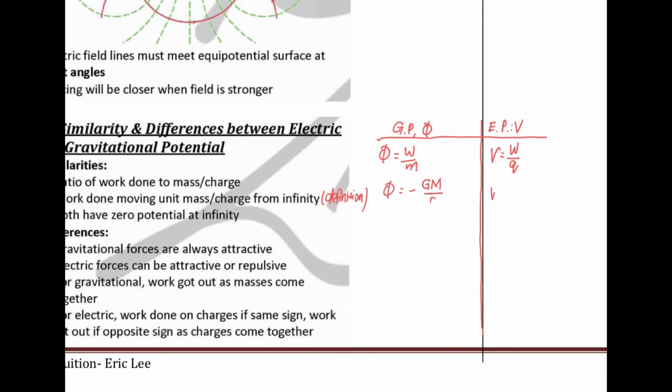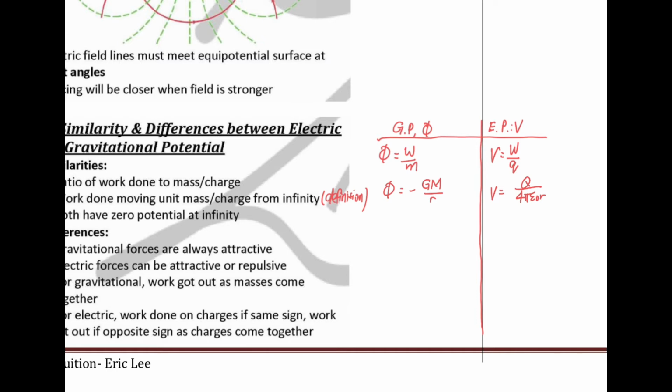But for electric potential, the formula is Q over 4 pi epsilon naught r. So it is positive or negative depending on whether they are like charges or unlike charges. If they are like charges, they will repel, then it is positive. If they are unlike charges, they will attract, then it is negative.